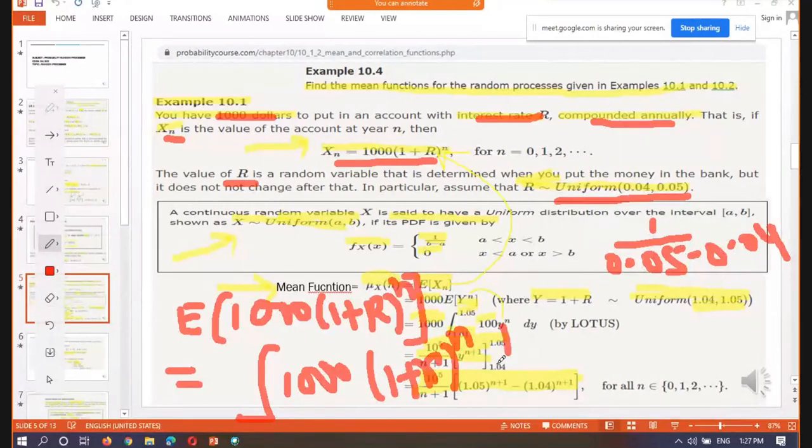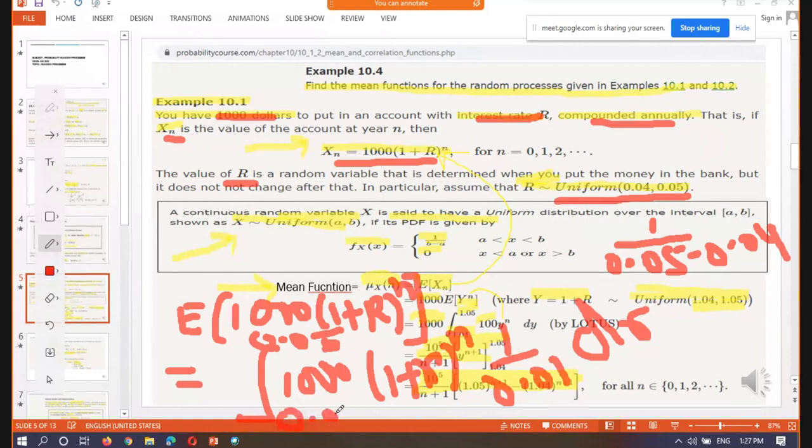Density function is 1 upon 0.01, and dr, and the limits of the integration is from 0.04 to 0.05. So like this you can do integration and you will get the same result.